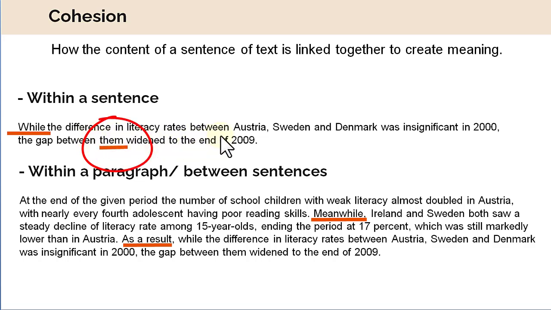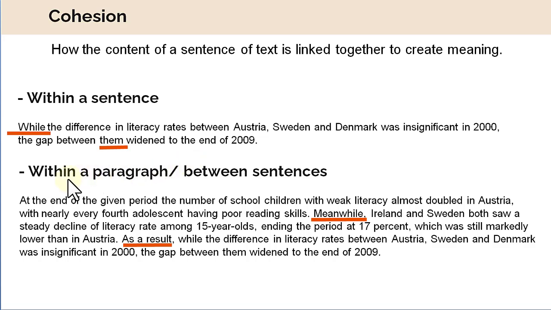We connect the idea, and instead of repeating the same words Austria, Sweden, and Denmark, we just use a pronoun. And again, while is a very common cohesive device that connects the parts of the sentence and makes the sentence easy to read. It facilitates the flow of the sentence. It's easy to understand what you want to express.